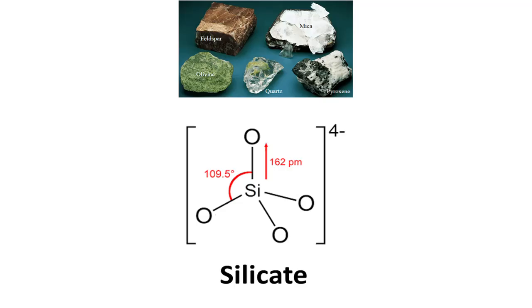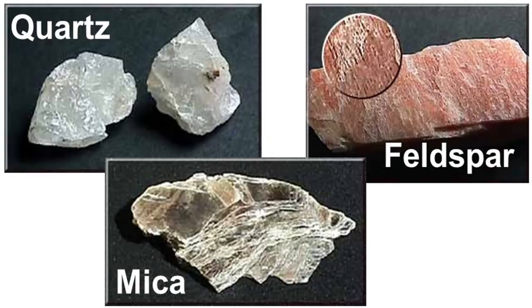Now let's talk about silicates, which are a vast group of minerals composed of silicon and oxygen, often combined with elements like aluminium, magnesium, and iron. Silicates make up over 90% of Earth's crust, with well-known examples including quartz, feldspar, mica, and clay minerals.